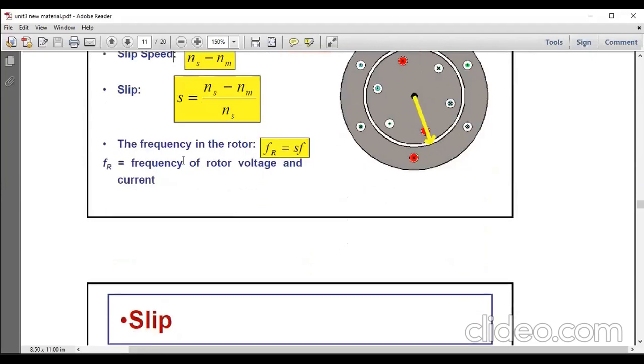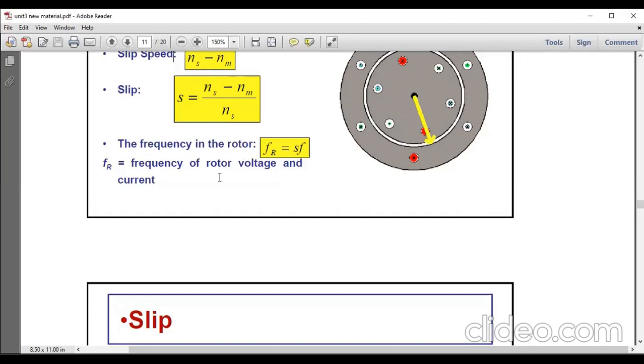Now the frequency of the rotor, Fr. One more point: the rotor also starts rotating and it has some current, so it also has some flux. What is the frequency of that flux? It is similar to the stator magnetic field, but because of its internal resistance and the direction of the current, the frequency may differ.